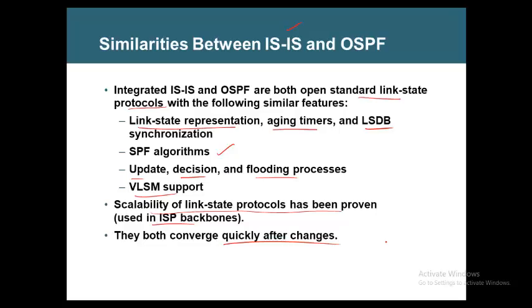So I have a router in area 1, another router in area 2. They can form neighbor very well. This is area 2 port, area 1 port, provided you have L2.